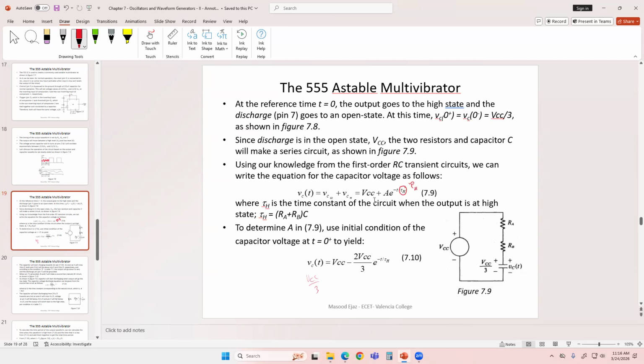And when you put it here, VCC by 3 is equal to VCC plus A e to the power negative t over tau h. Then you are going to get that A value is negative 2 VCC over 3. When you plug that in equation 7.9.